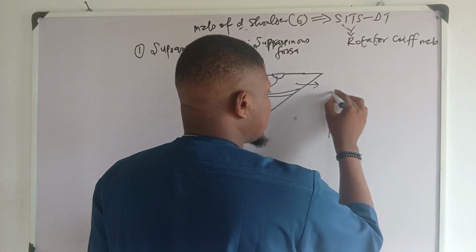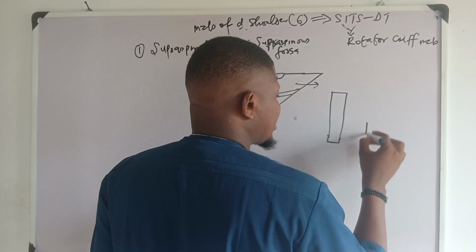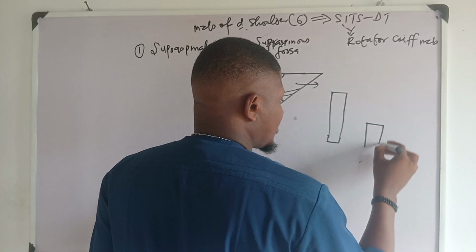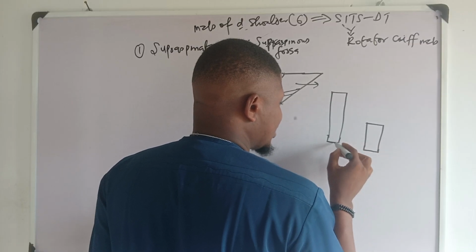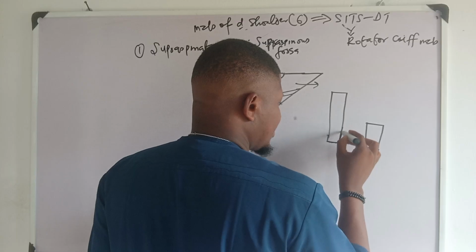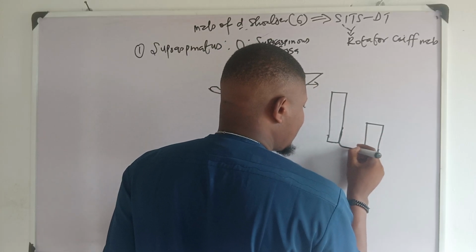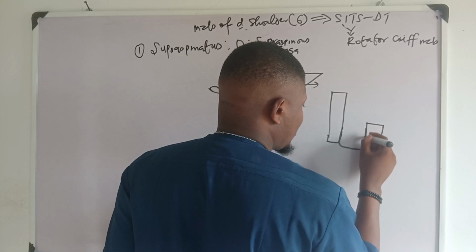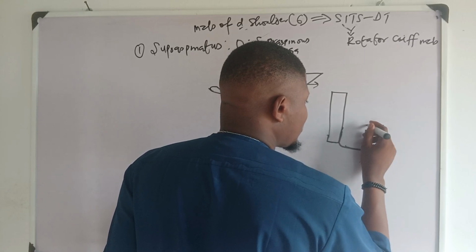For example, this is greater tubercle. Then let's say this is lesser tubercle. The groove between the two of them is called the bicipital groove.